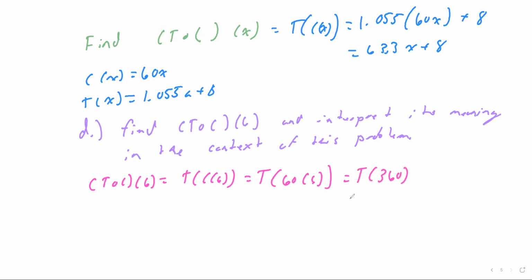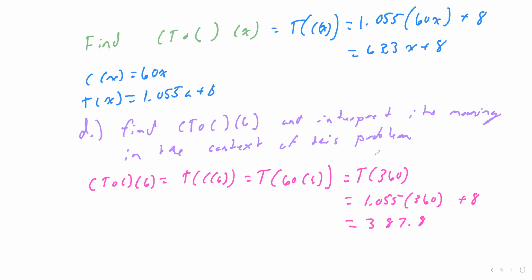Then the real question becomes take 360 and plug it into your T of X, which was 1.055 times 360 plus 8. And that comes out to about 387.8.